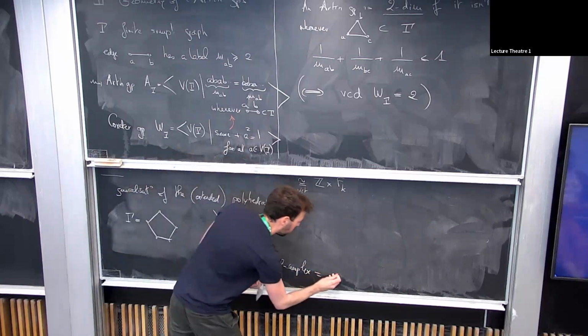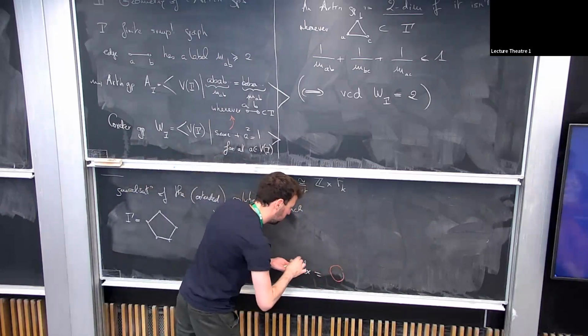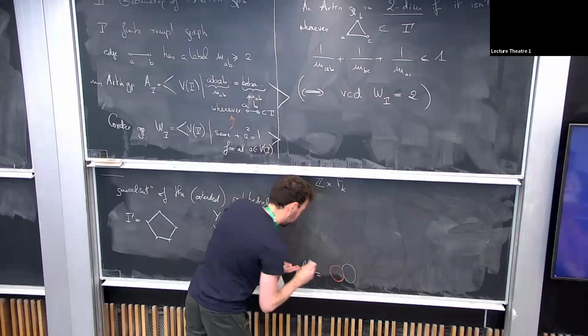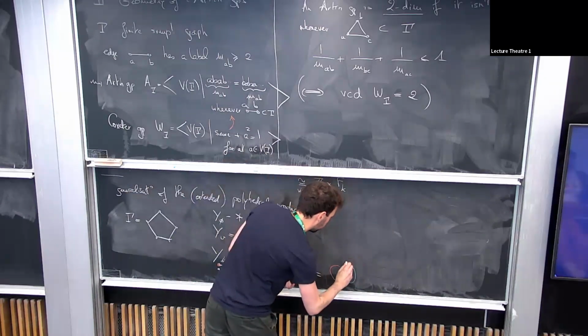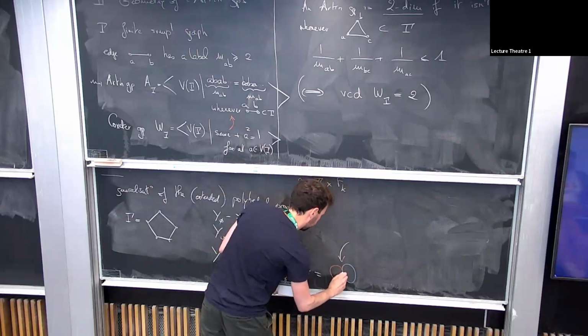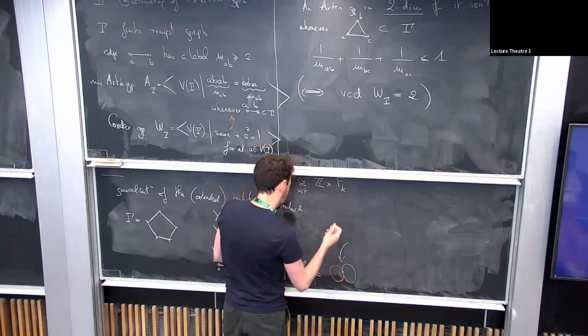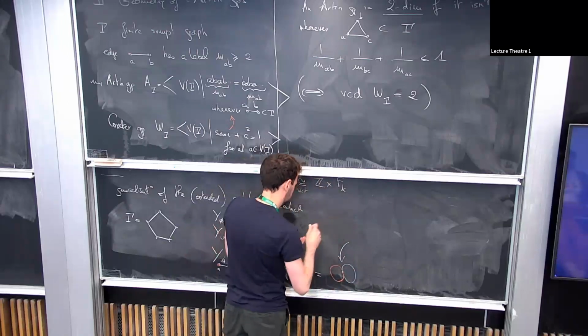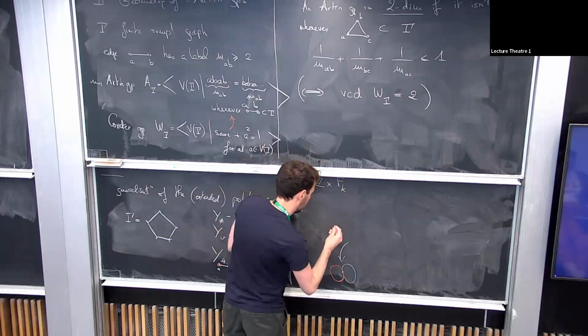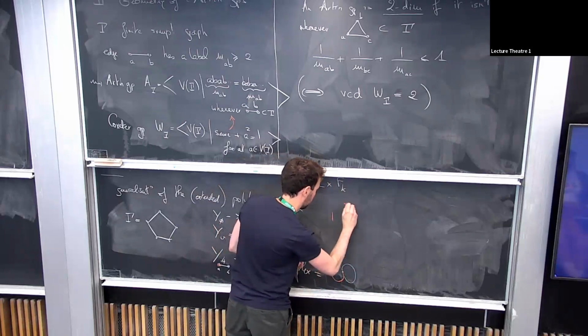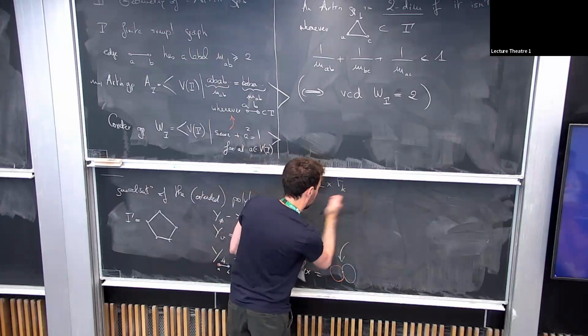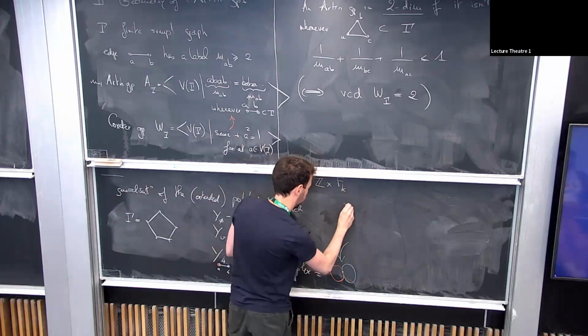I have one circle for my first generator, a second circle for my second generator, and I'm going to glue to this an octagon.